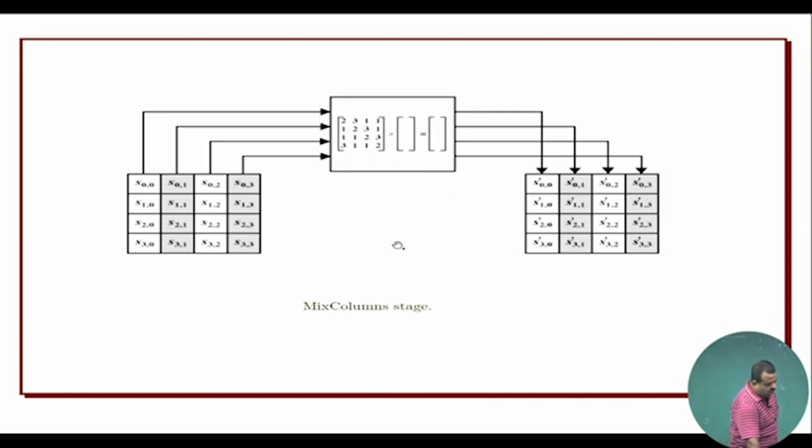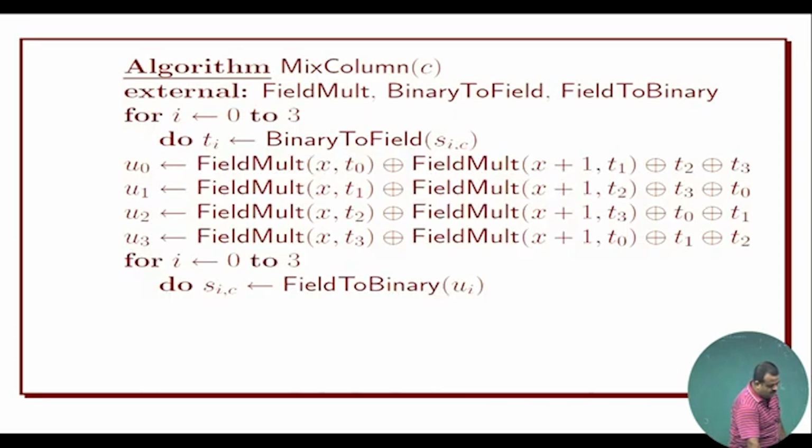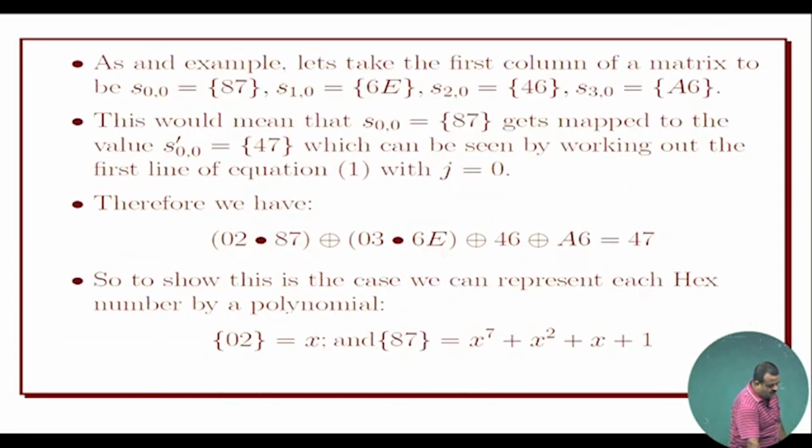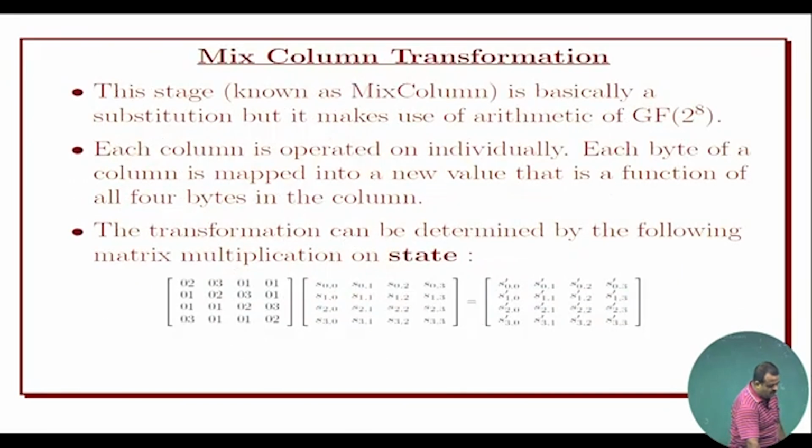This is a sort of matrix multiplication. We need this when we talk about inversion. We have a state and a constant matrix, and it gives us this, because when you talk about inversion of the AES, we need this information. Okay, so this is the mixed column operation.